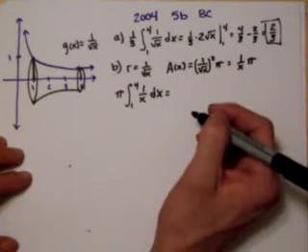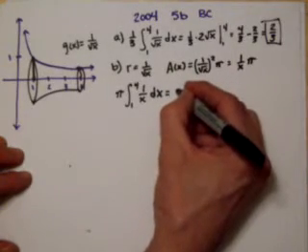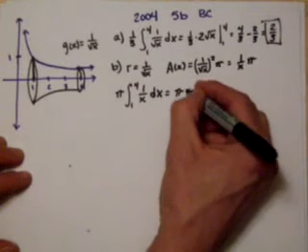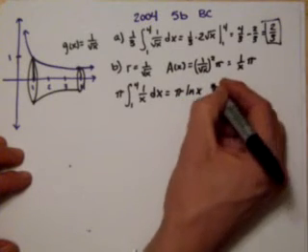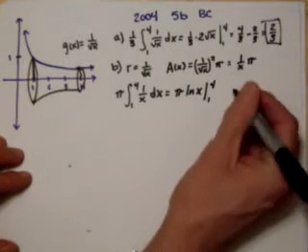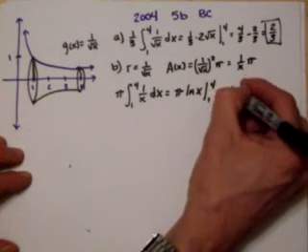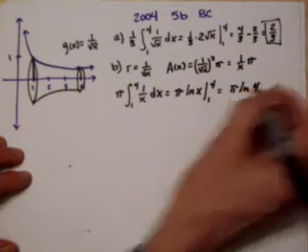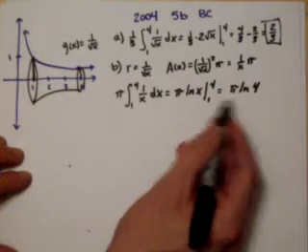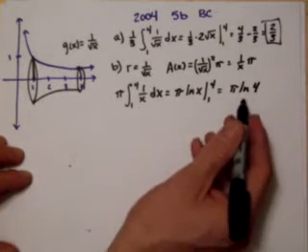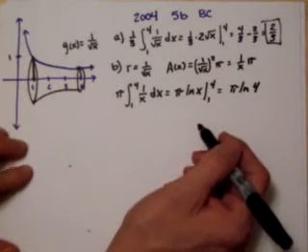No calculator again, so you're going to have to take the antiderivative, which is ln x, remember the pi, from 1 to 4. If I plug in 4, I get pi ln 4. If I plug in 1, the natural log of 1 is 0, so I'd have minus 0. So that's just your solution on that problem.